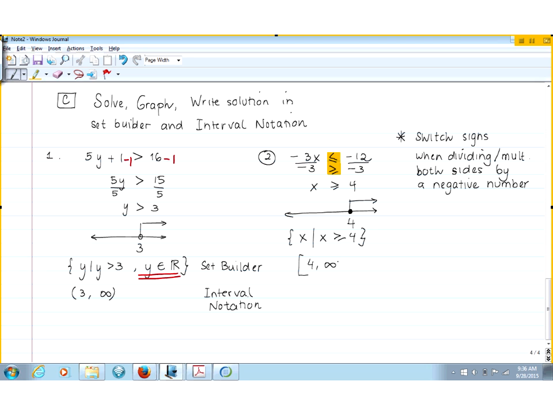Bracket. And infinity? Infinity, you don't have a choice: parentheses. So very important is to switch signs when dividing or multiplying both sides by a negative number. That's the only thing you have to remember.